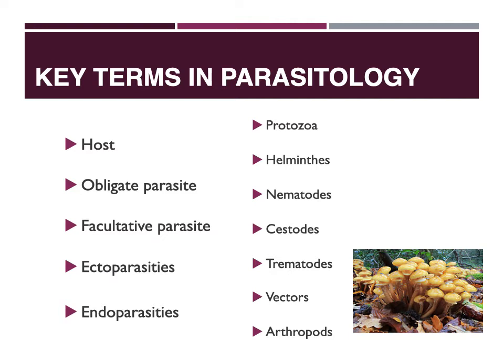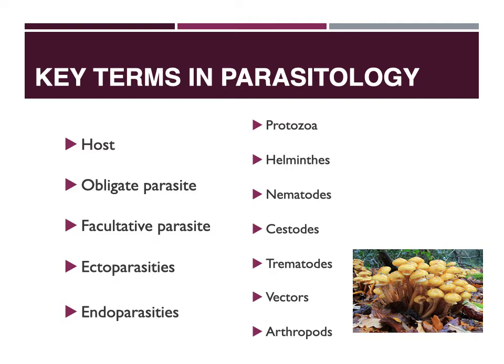We have protozoans. Those are unicellular eukaryotic cells. We'll talk a little bit more about them later. Helminths, also known as parasitic worms. Under the helminth category, we have nematodes, cestodes, and trematodes. These are all different types of worms, and we'll talk more about those in a little bit.